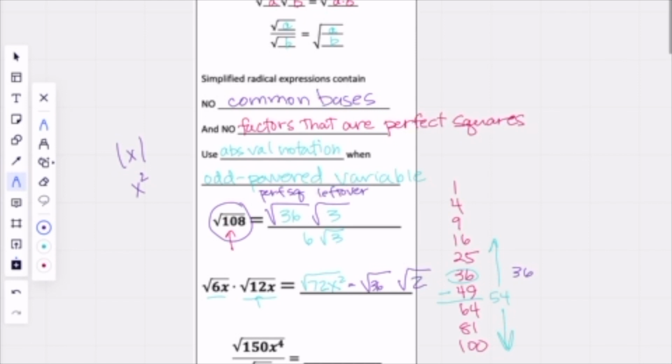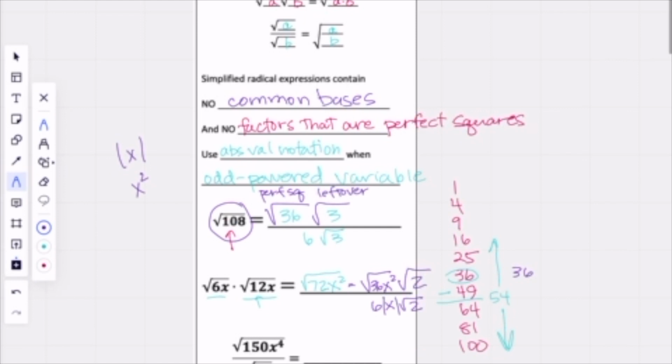X squared itself is a perfect square, so we're going to put it right inside that perfect square radical. Now let's take the square root of 36x squared. This will be 6x, and this will be the square root of 2. But remember, when you have a result that comes out of a radical that's a variable with an odd power, we're going to add those absolute value notations right there. Beautiful.